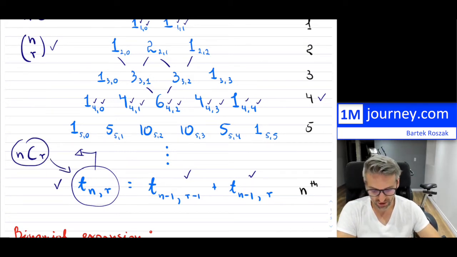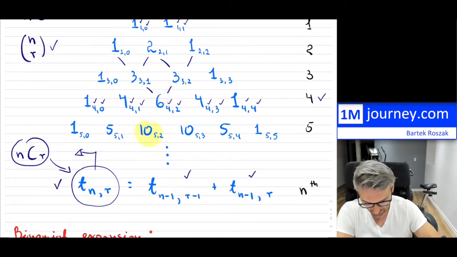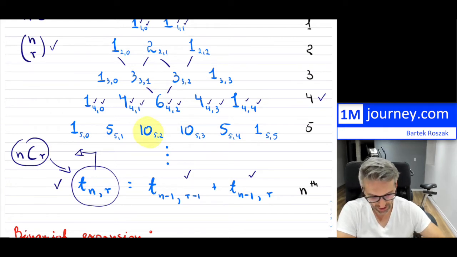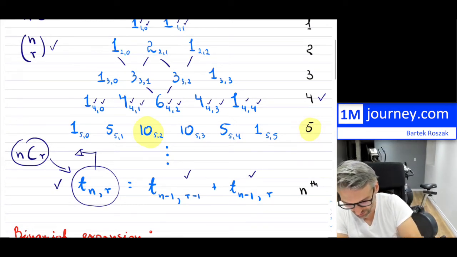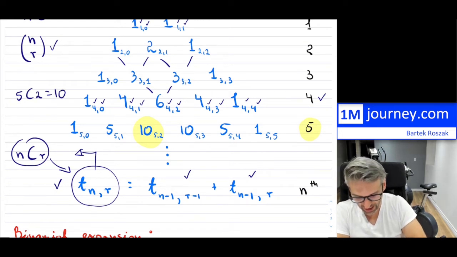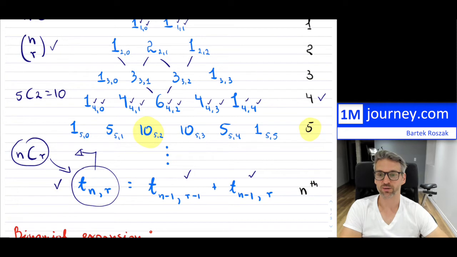So for instance, this right here, notice that this is the 5th row, and this would have been the second item. So if you do 5 choose 2, you're going to get 10, once you understand combinations.